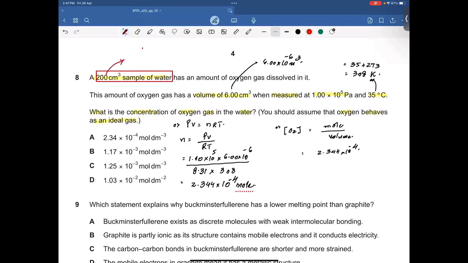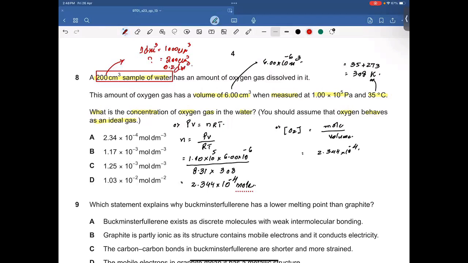I have to convert it into dm cube. So 1 dm cube equals 1000 cm cube. If I have 200 cm cube, how much dm cube do we have? 200 divided by 1000 is going to be 0.2 dm cube.